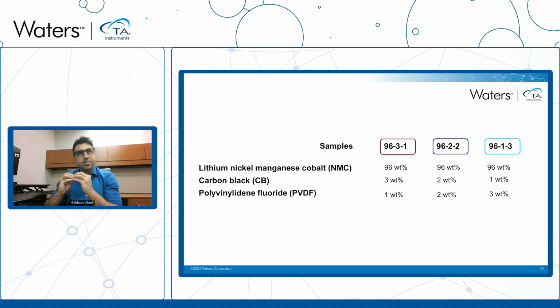So we want to observe, if we just change that 4%, different compositions of the conductive additive and binder, what happens? Can that 4% change anything in our powder characterization?